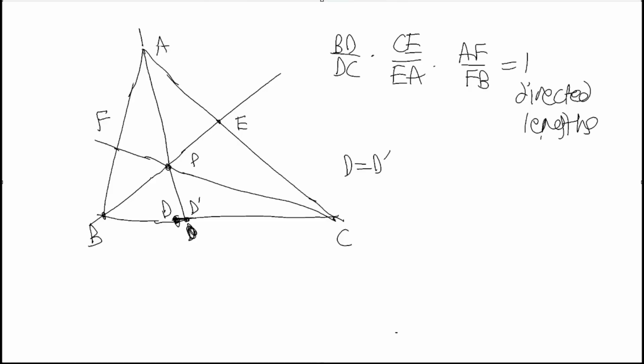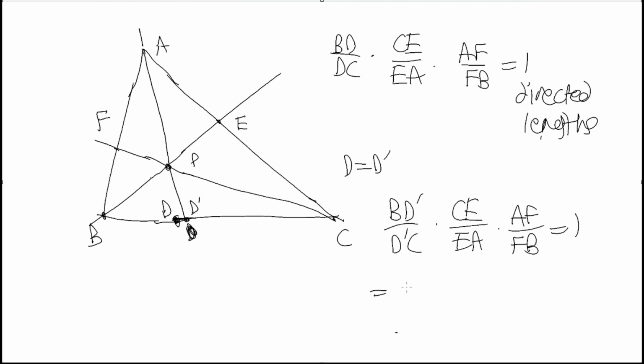So note that we're using phantom points here. So we want to prove that these 2 points are the same. Now here's the cool part. We can use Ceva's theorem for concurrency normally on the points D prime, E, and F because AD prime, BE, and CF are concurrent. Then we know that BD prime over D prime C times CE over EA times AF over FB is equal to 1 in directed lengths.